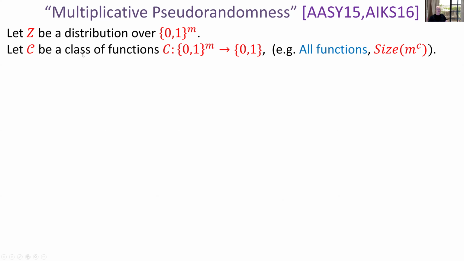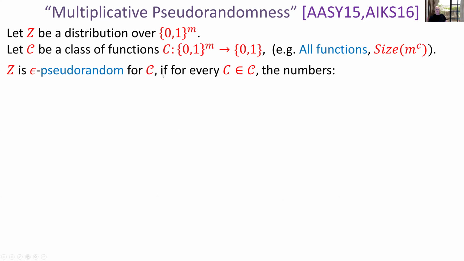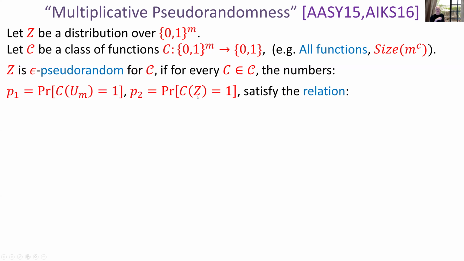We say that the distribution is pseudorandom against the class C if for every function C in the class, for every potential distinguisher, when we consider two experiments, where in one we give the function the uniform distribution, and in the second we give the function the pseudorandom distribution, and we measure the probability that the function answers one in these two experiments, then we want these two quantities, P1 and P2, to satisfy the following relation, namely that P1 and P2 are close.